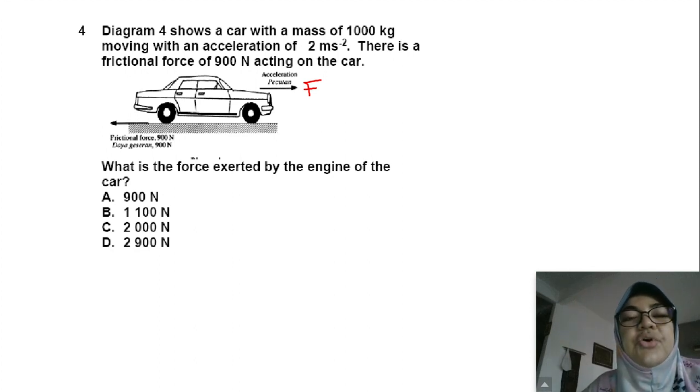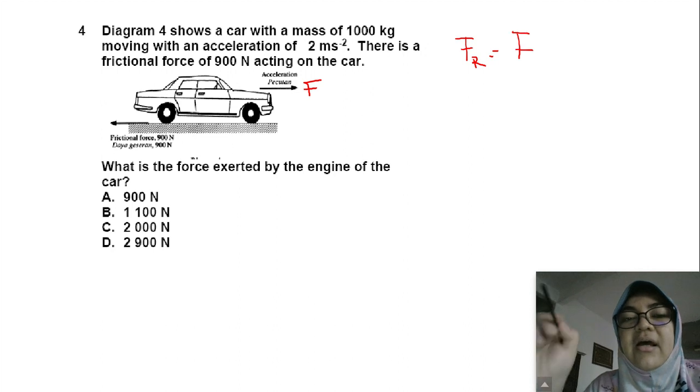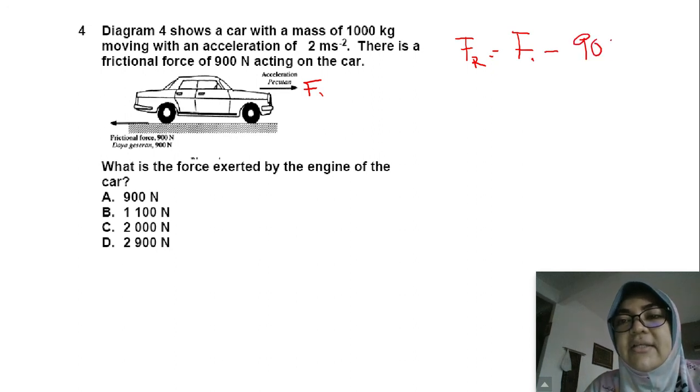Okay, so we know that the frictional force is 900 Newton. So to get the resultant force, F resultant, we must first minus the force exerted by the car, let's say F1, minus the friction, 900.